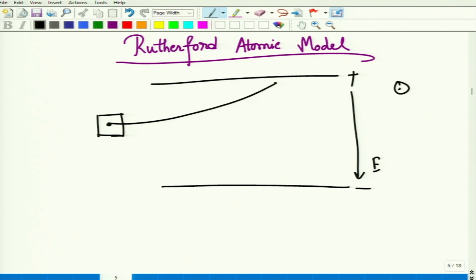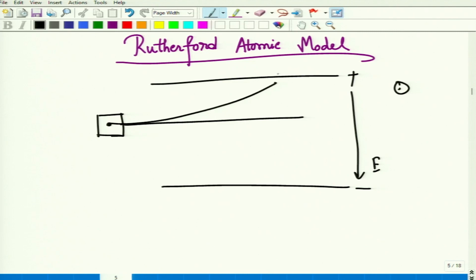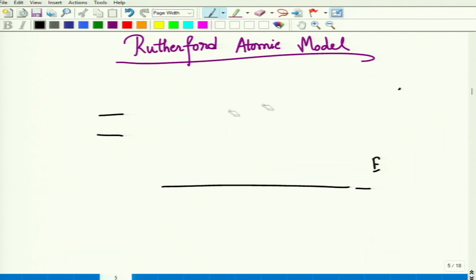There was a Lorentz force acting on the setup, which guides the deflection of the particles. By using the Lorentz force and this deflection, we can calculate the mass and the charge of the particles. I am not going into the details of how they were calculated.